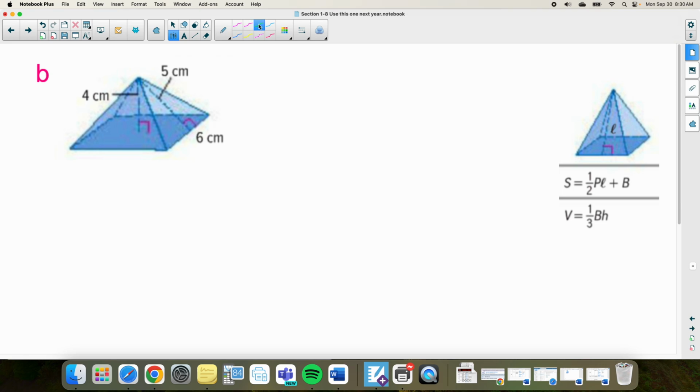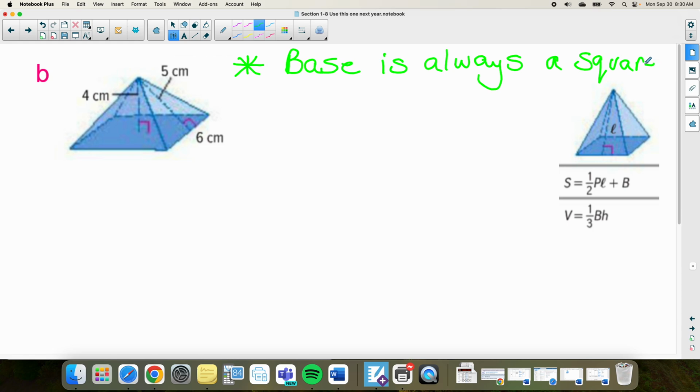Now, one of the first things that you might wanna do here is just remember that the base is always a square when you have a pyramid. Okay? So, if we look here, we're gonna assume all of these are 6.